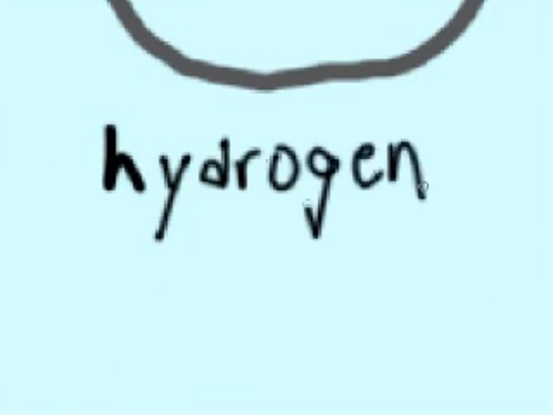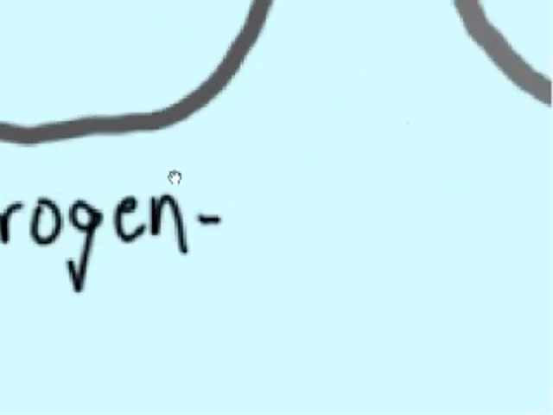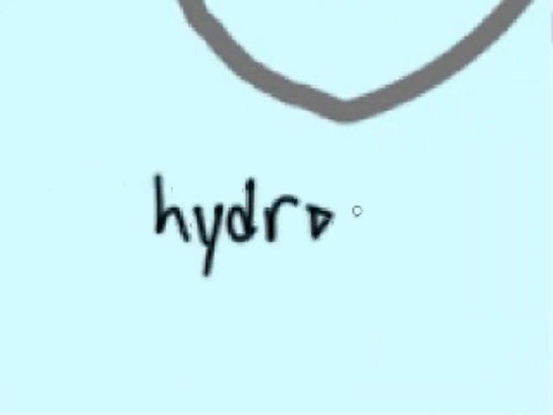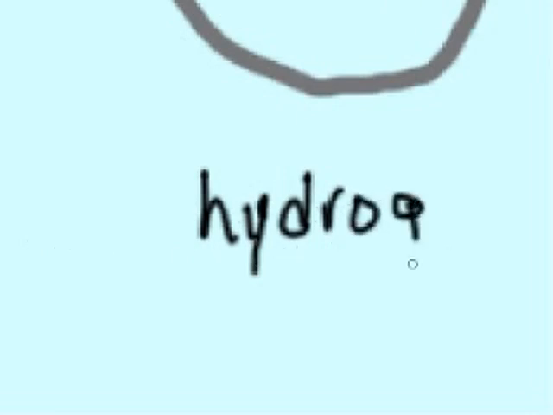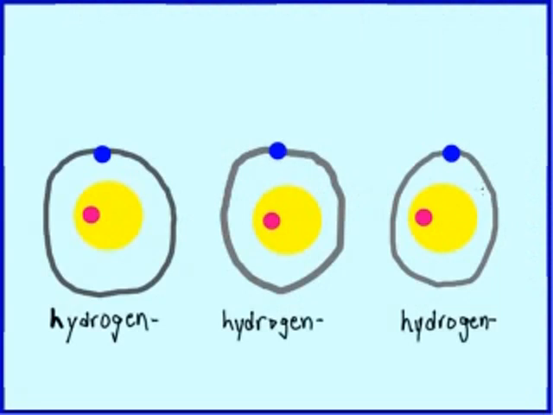All hydrogen atoms or isotopes have 1 proton. So these are all hydrogen, but we don't know the number yet. So right now these are all identical atoms, or identical isotopes, of hydrogen.